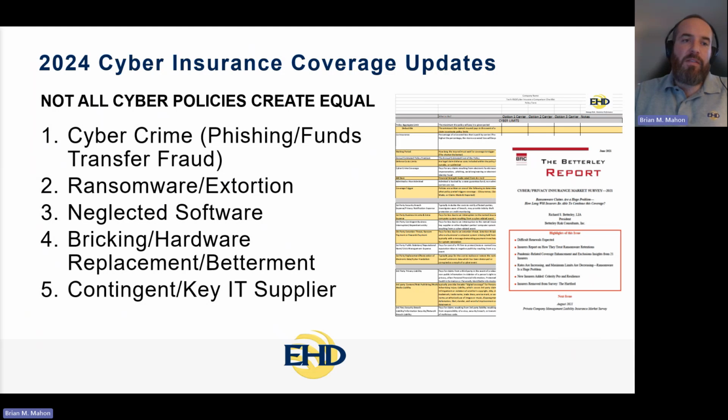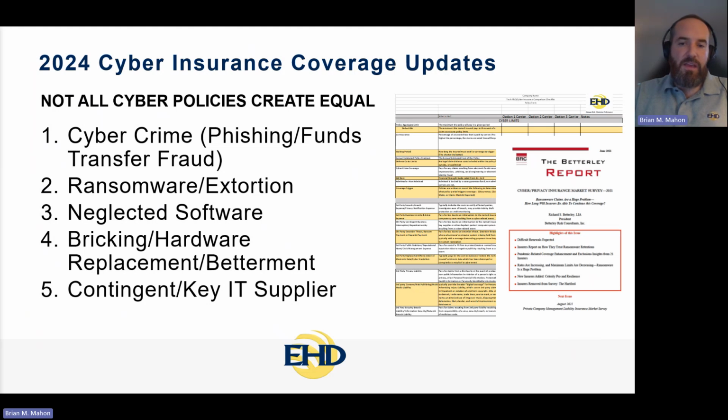Another thing you have to be careful with is that not all cyber insurance policies are created equal. There's no common terminology. There's no skeleton or ISO policy form that they are all building off of. So the core DNA of a cyber insurance policy does not exist between the 20, 30, 40 carriers out there.